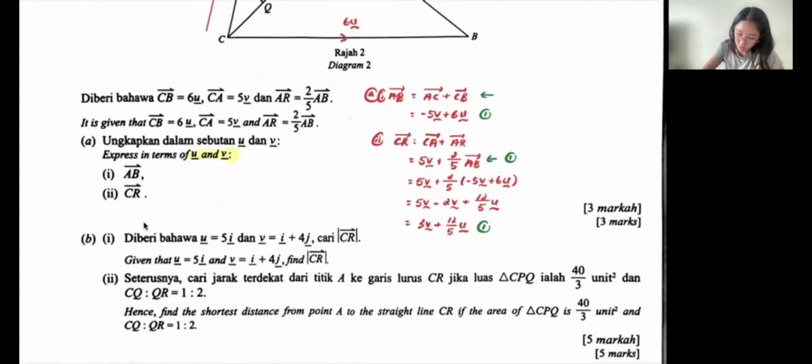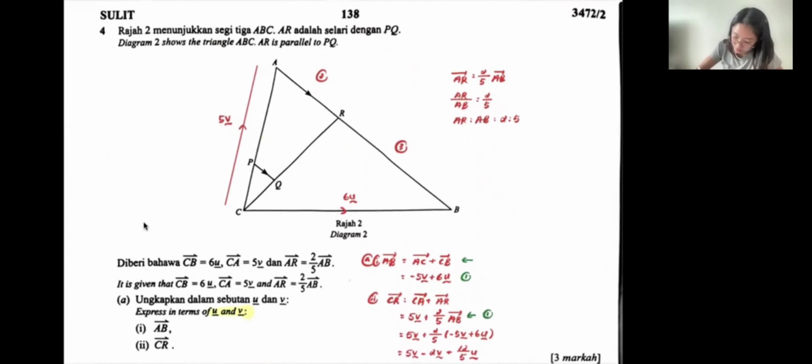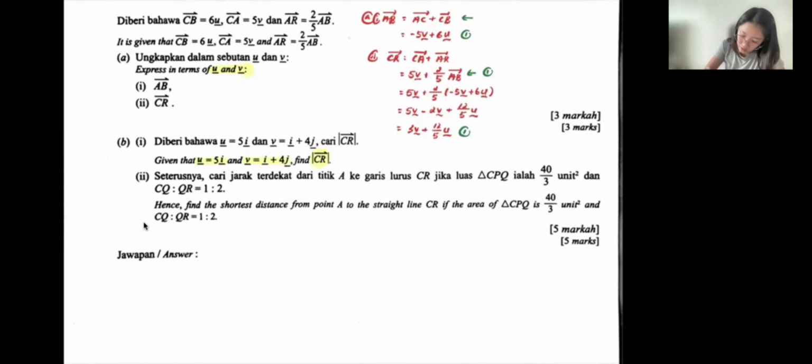Then let us go to B part 1. Given that U is 5i and V is i plus 4j. Remember, i is horizontal movement and j is vertical movement. You need to find CR. What is CR? CR is here, C to R. And we have it at part 2 also. So let us just take part 2's answer.